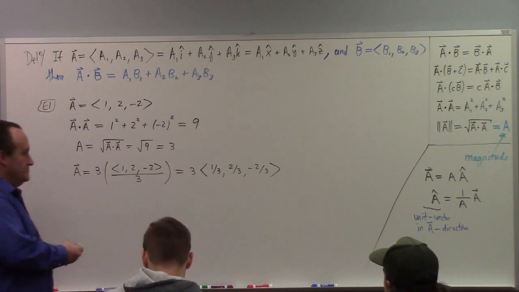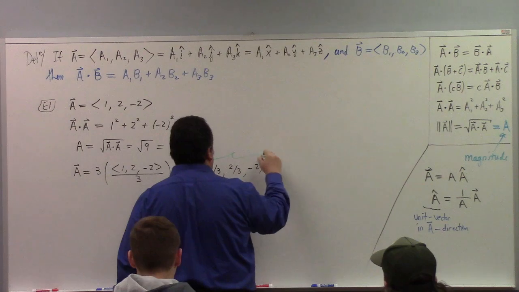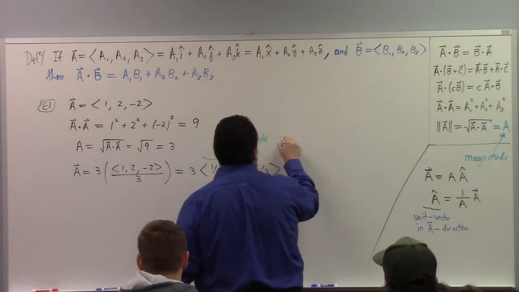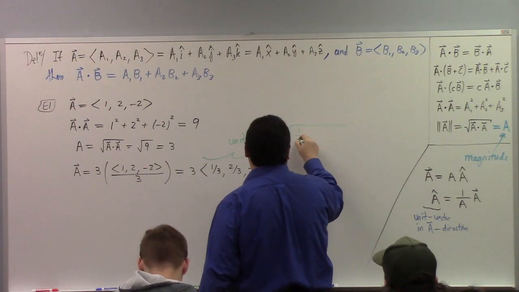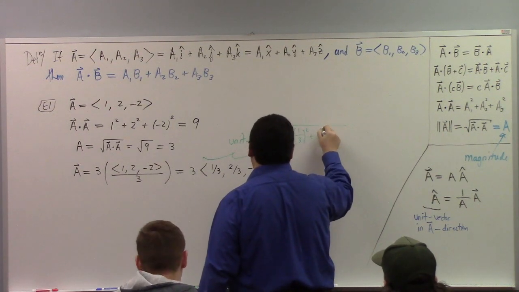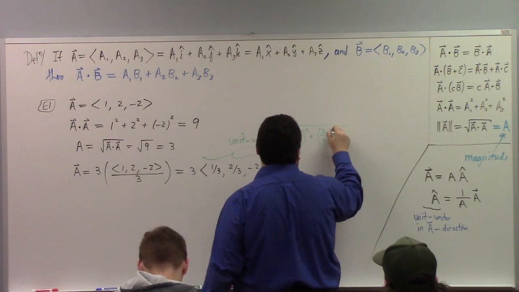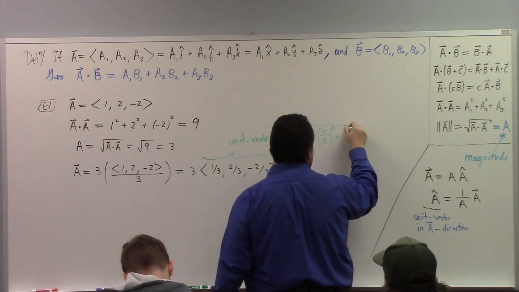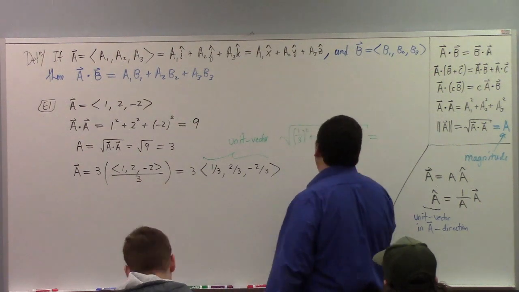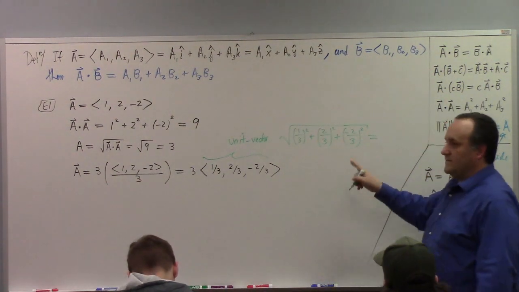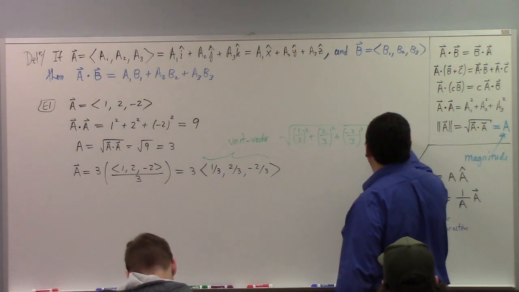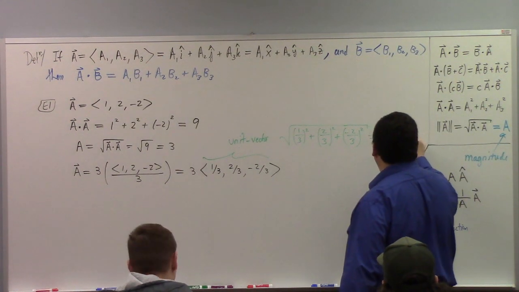Is this a unit vector? I hope so. Try it out. The square root of (1/3) squared plus (2/3) squared plus (-2/3) squared. What do you got? That's 1/9, 4/9, 4/9, also known as the square root of 9/9, also known as 1.